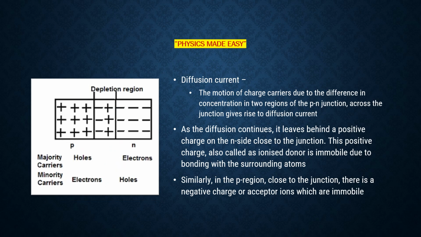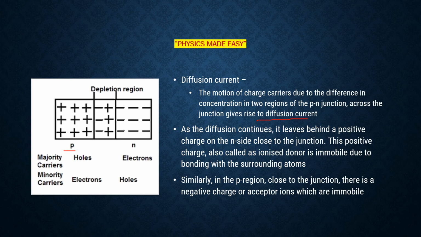As in the p-type, holes are in the majority, and for the n-type, electrons are in the majority. So the motion of the charge carriers due to the difference in concentration in the two regions of the p-n junction gives rise to the diffusion current across the junction.